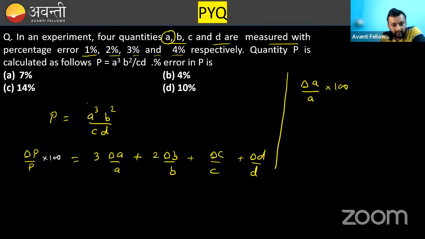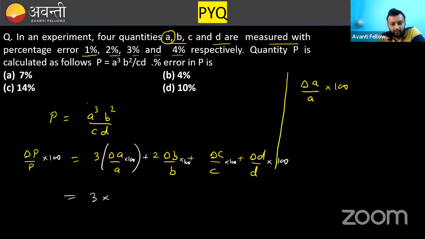It will become the percentage error in A, percentage error in B, percentage error in C, and percentage error in D.